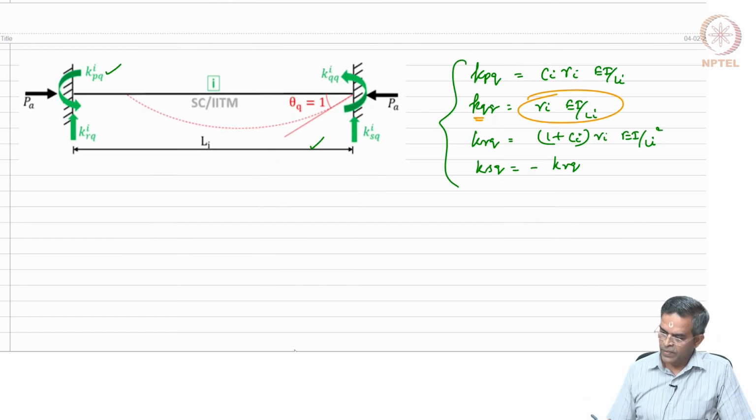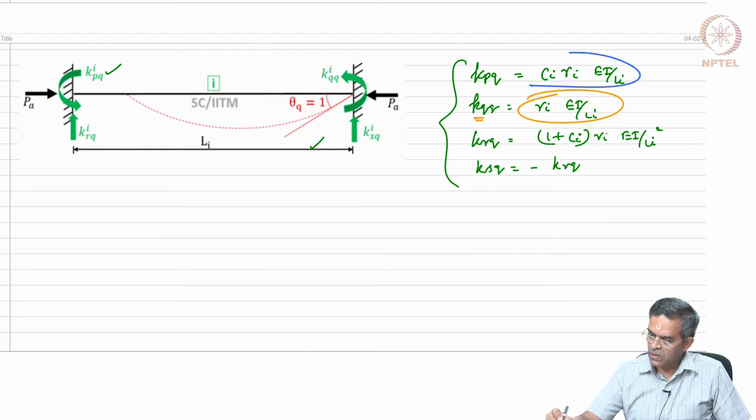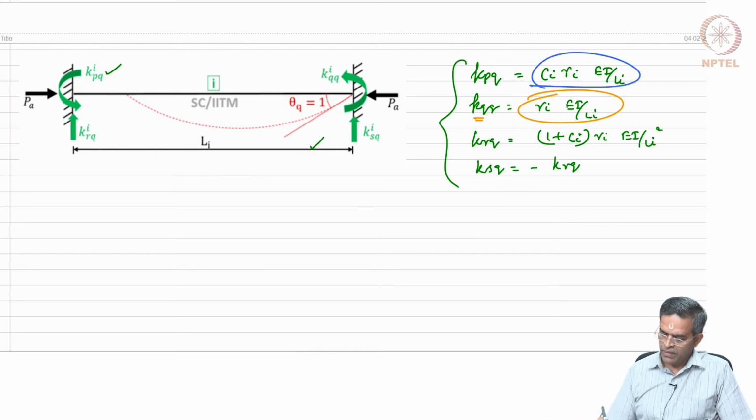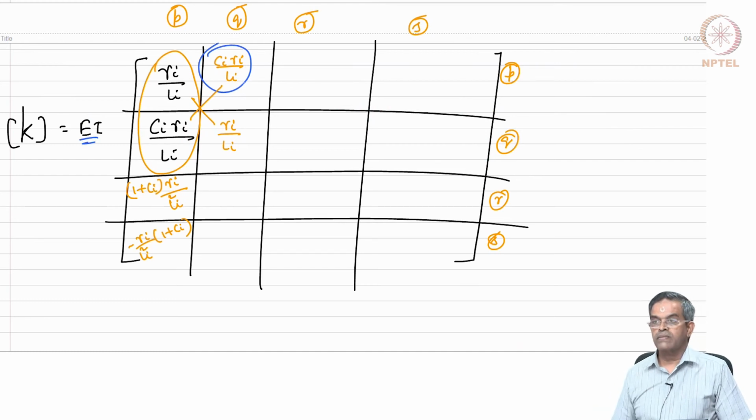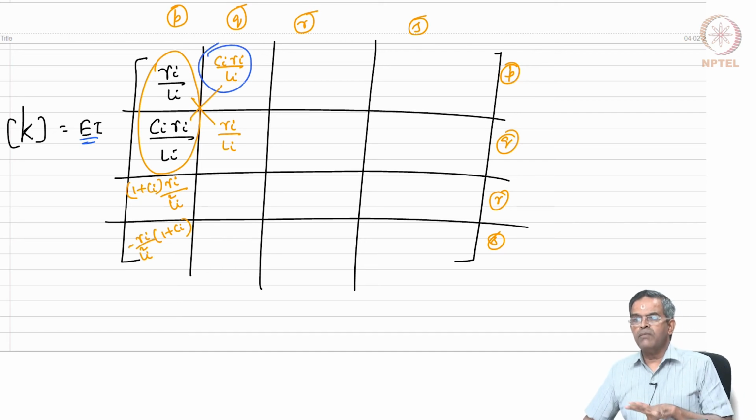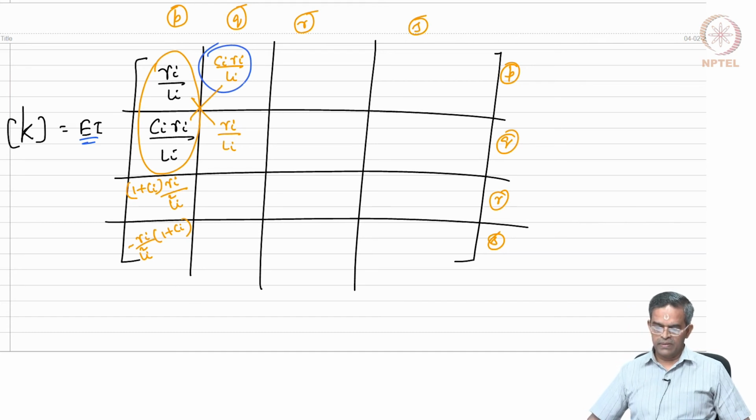Let us see here. KPQ is Ci Ri EI by Li, okay. So, I am doing the same thing. I am making you easily remember this equation, that is what I am trying to do, similar to what we wrote in the beam analysis.